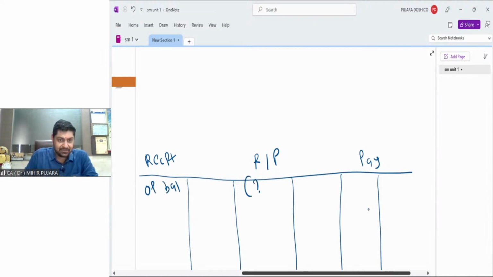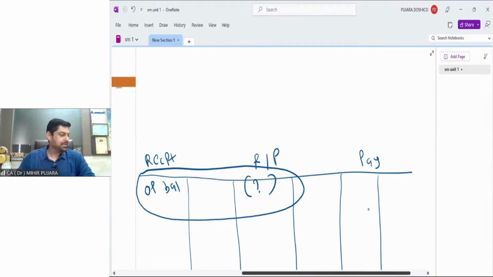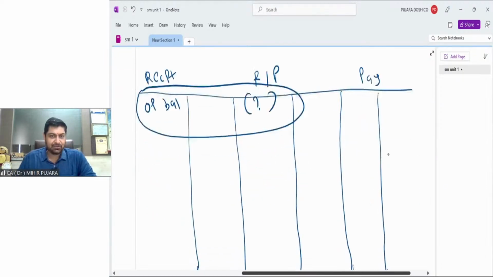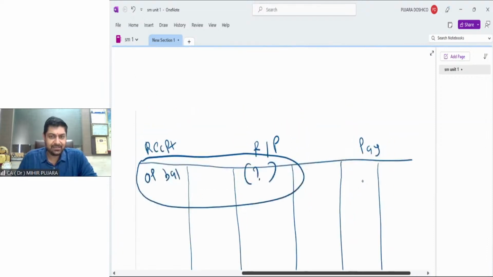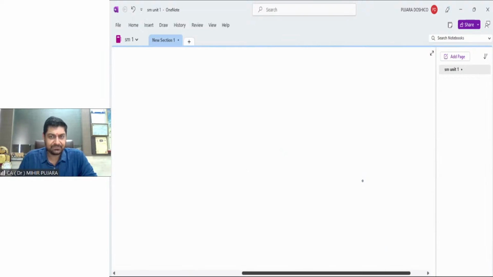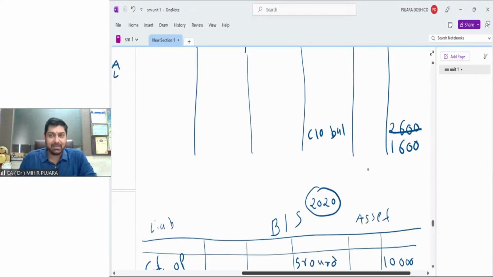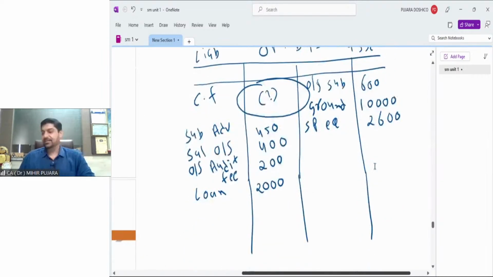We are given the closing balance, so we need to find the opening balance as a balancing figure. If everything is over regarding the opening balance sheet, we can find the balancing figure.